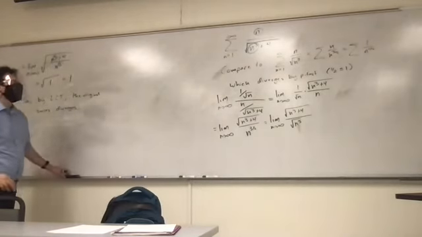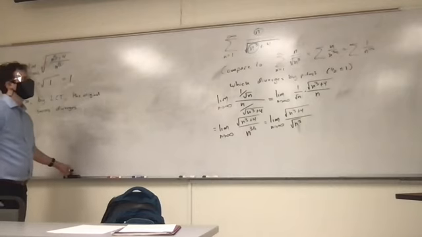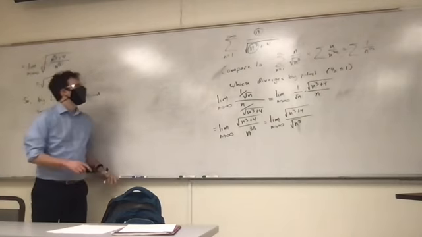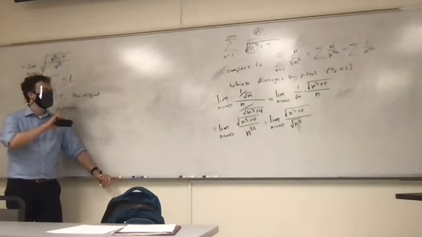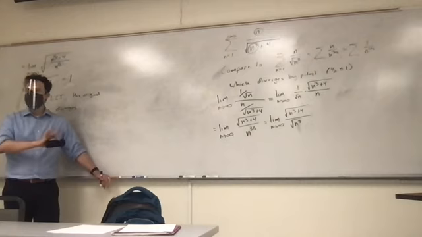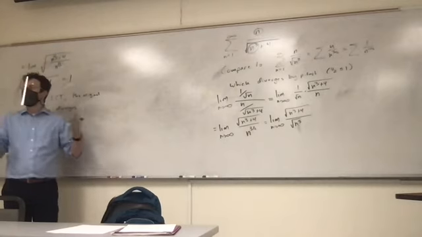One restriction for these comparison series is that the series always have to be positive. You can't have negative numbers. In particular, you can't have alternating series.